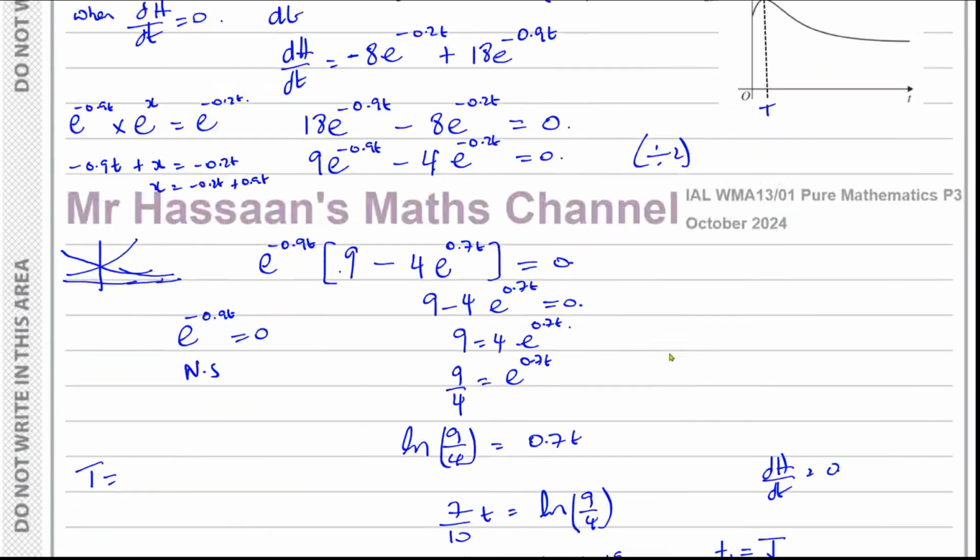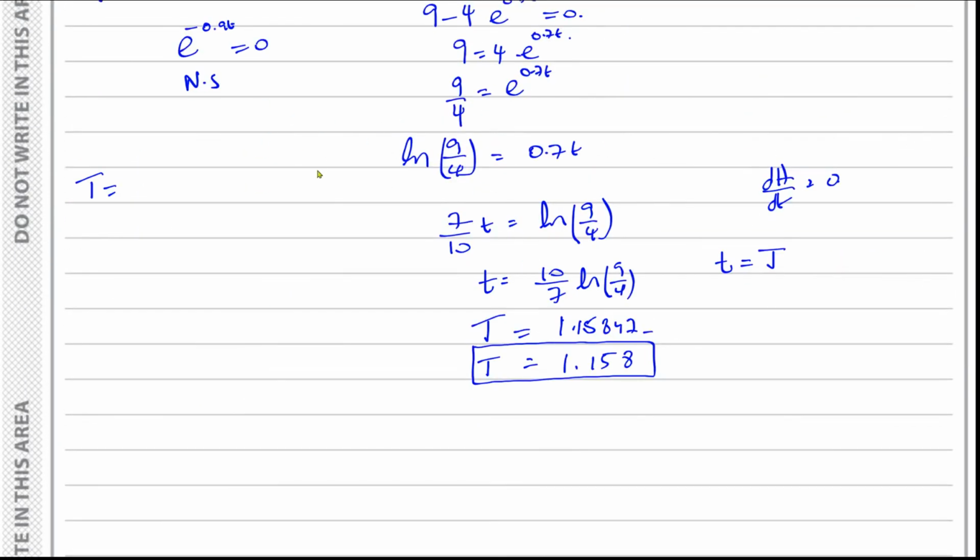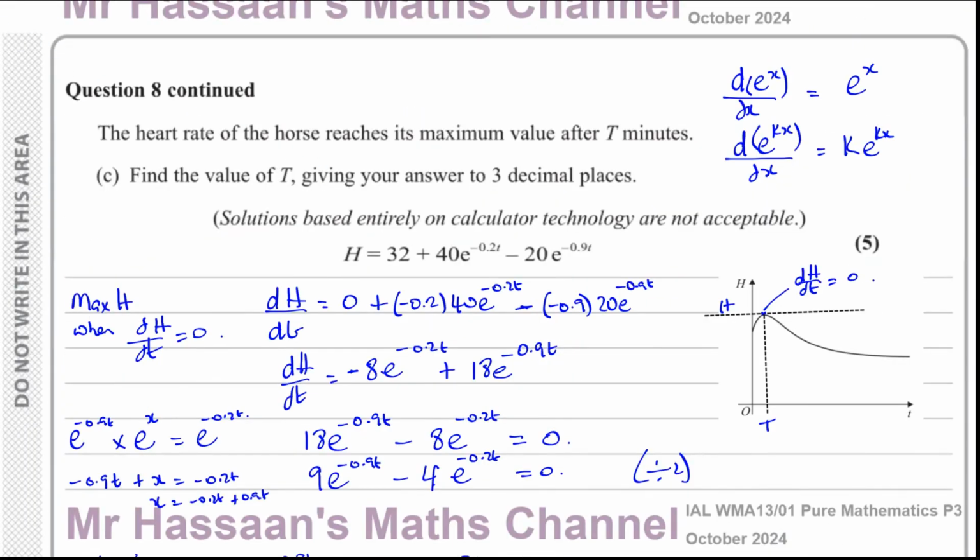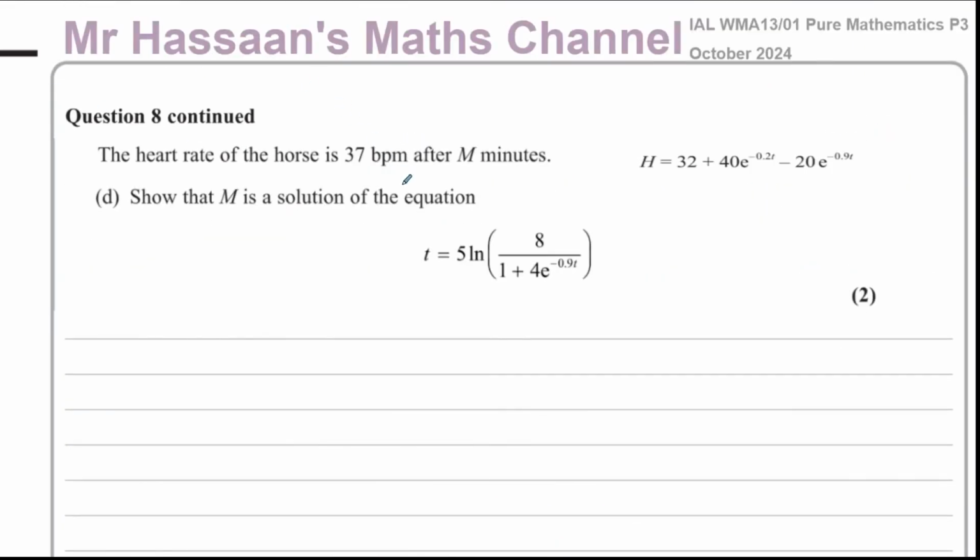Okay, and now we want to find part D. It says the heart rate of the horse is 37 beats per minute after M minutes. Show that M is a solution of this equation.